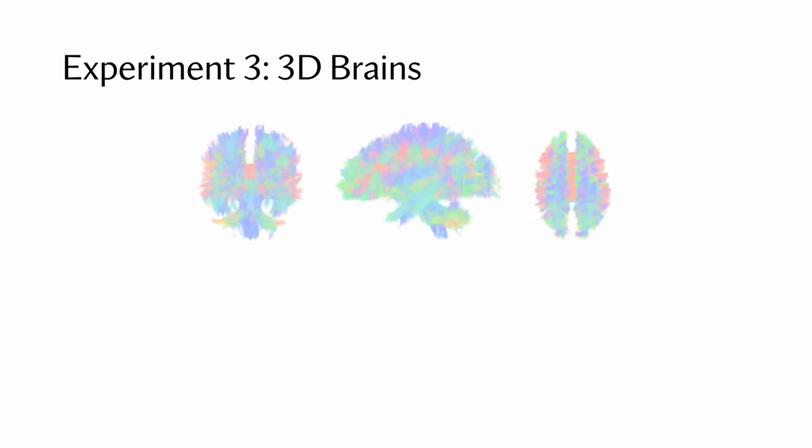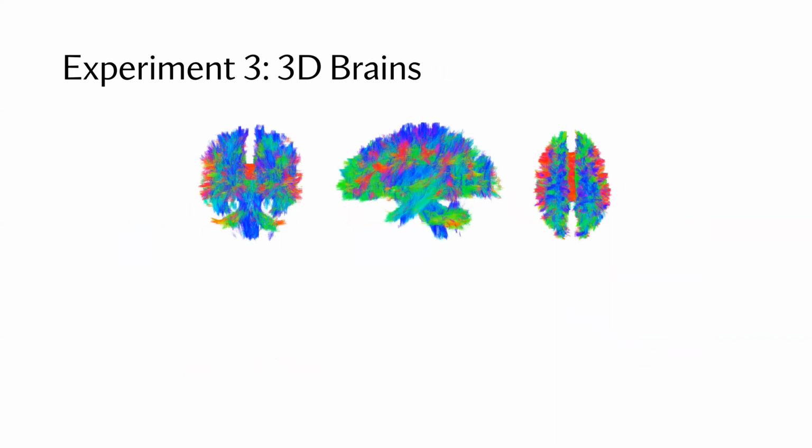We also validate our method's ability on 3D crossing fiber regions in the brain DWI from several HCP subjects. We first reconstruct the vector fields through the GQI method in DSI Studio with a diffusion sampling length ratio of 1.25.